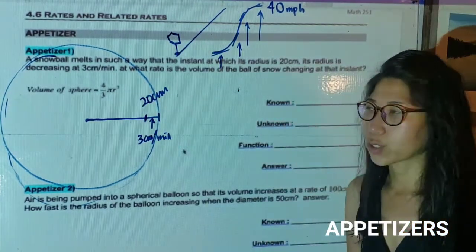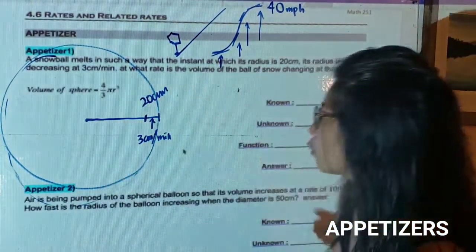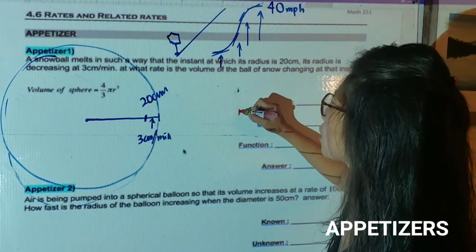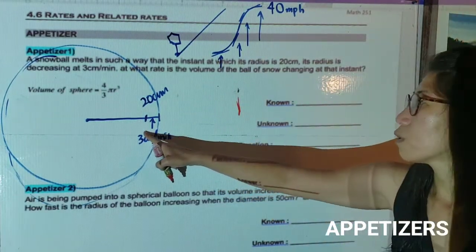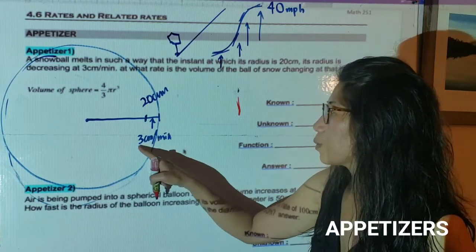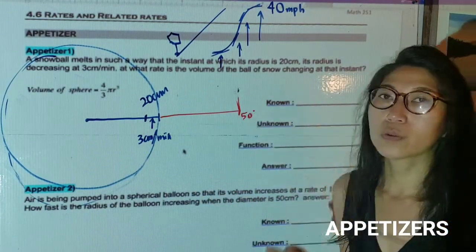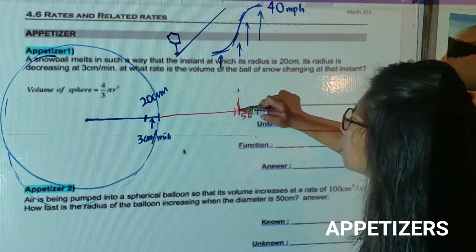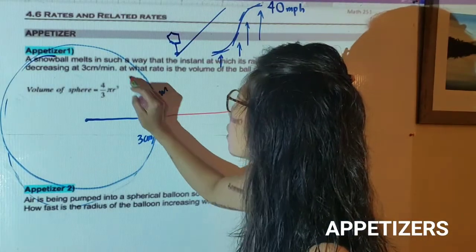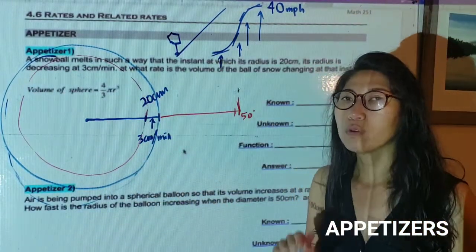Then I have a question. If your snowball radius is 50 centimeters, is the rate at which the radius decreases also going to be 3 centimeters per minute at that time? Yes or no? Actually, the answer is no. It's going to be even smaller. Why? Because the volume of snow that melts per minute will be the same.